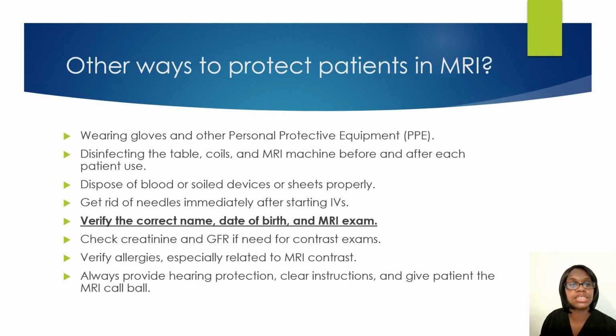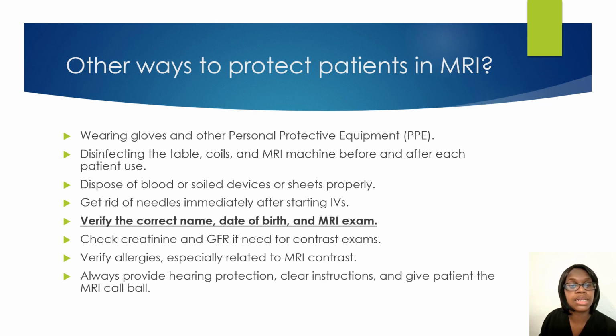Other ways patient safety is promoted and protected is whenever you are wearing gloves, your proper PPE, disinfecting the table, disinfecting the machine, the coils after the patient have used them. You want to make sure that you are getting rid of the sharps properly. Get rid of those needles immediately after you start an IV. Verify the patient correct name, date of birth, MRI exam.